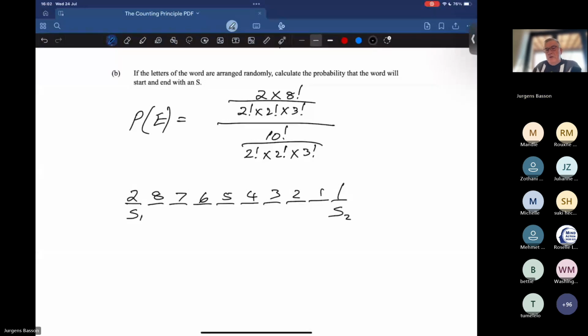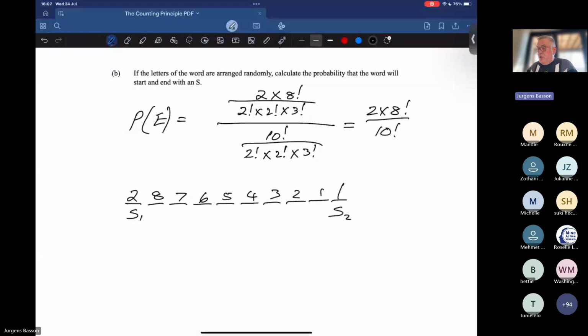Now, if you look at this, I've got this fraction over a fraction, and you agree with me, we normally tip it and multiply, then this denominator and that denominator will cancel. So it means we will be left with 2 times 8 factorial over 10 factorial. And we just work that out. And that is why I kept those S's as different.